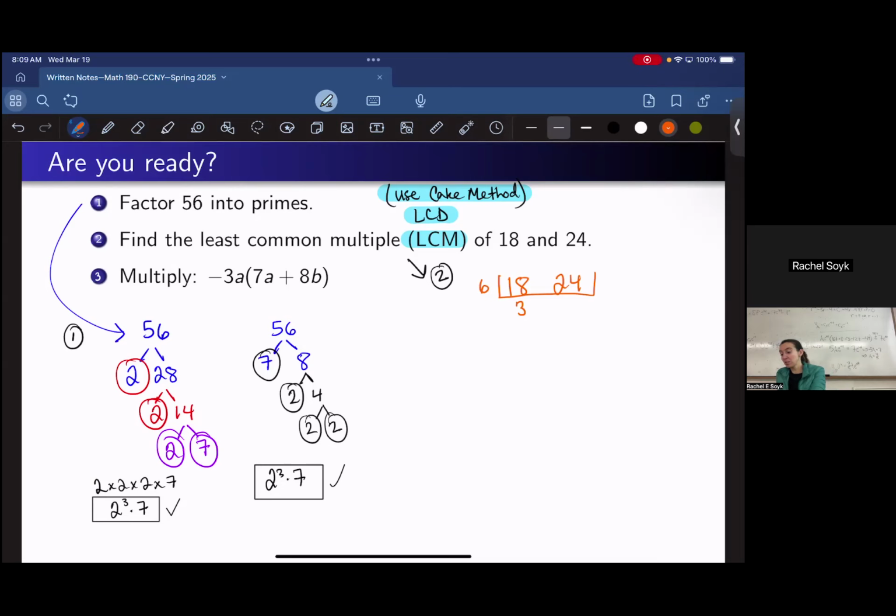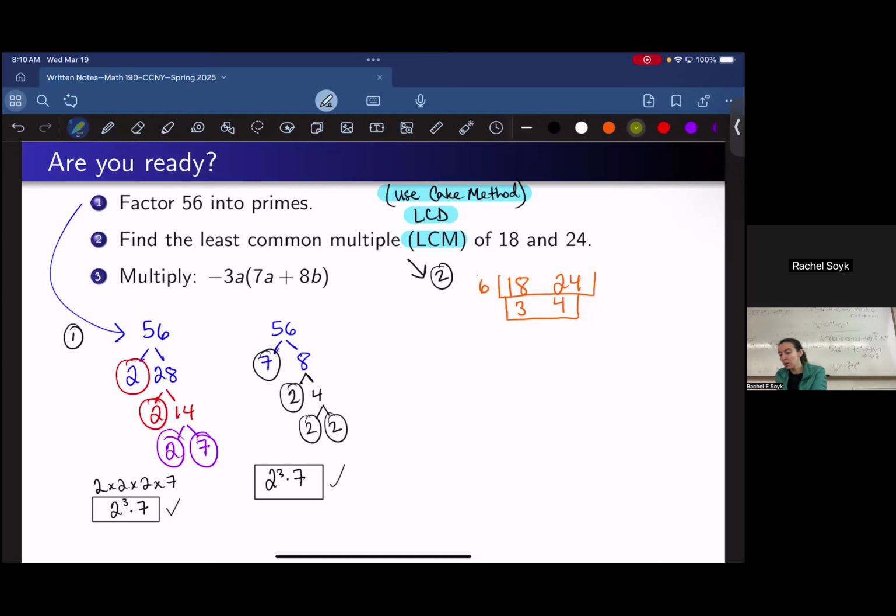How many times does 6 go into 24? And then we ask ourselves, okay, 3 and 4, are these numbers relatively prime? The only factor that is shared between the 2 numbers is 1? Yes or no? Yes, which means 3 and 4 are relatively prime, which means our cake is done.